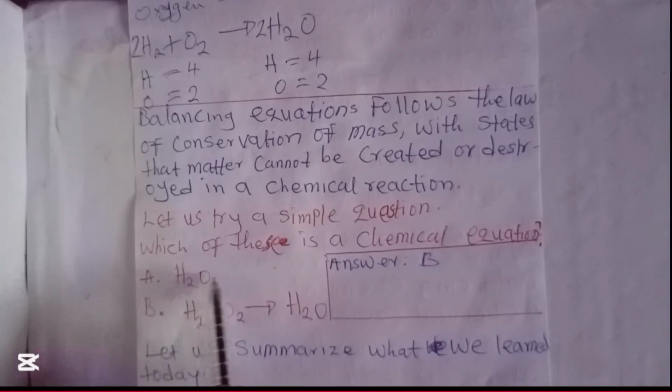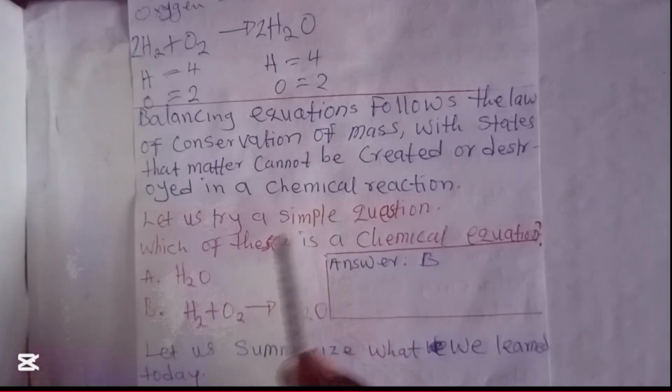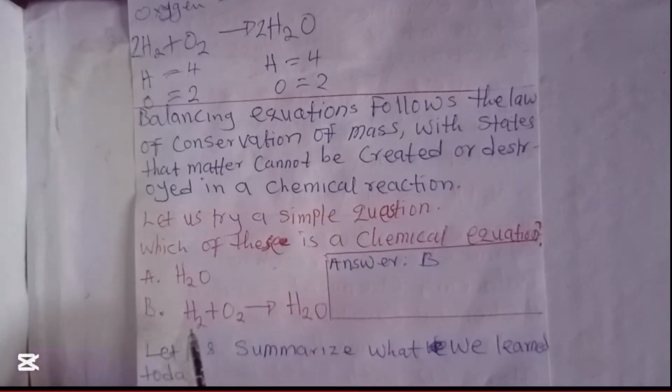In the first option here, there is no arrow and no sign showing that two substances react together to give us another substance. B, we have hydrogen plus oxygen giving us H2O. So the correct answer is B, because we have the left hand side, the arrow, and then the right hand side.